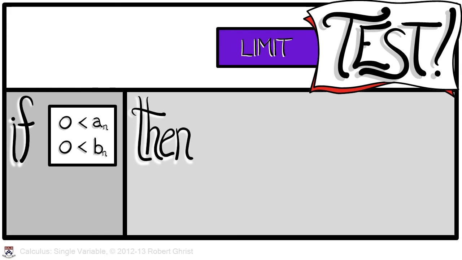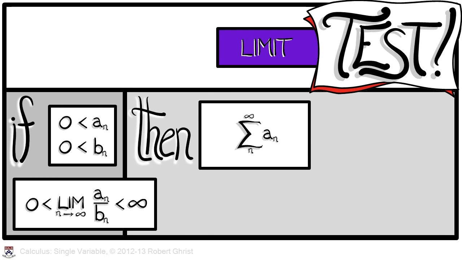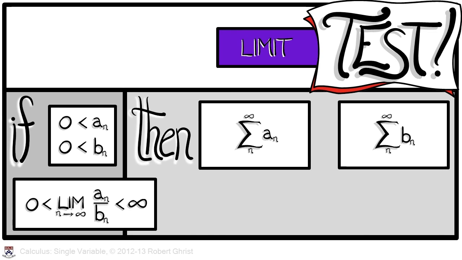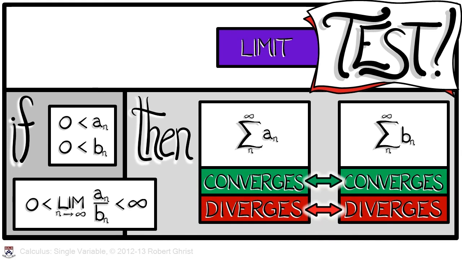The limit test says if you have two positive sequences that have the same asymptotics, the same leading order term, specifically if the limit of the quotient as n goes to infinity is some number that is strictly between 0 and infinity, then these two series have the same convergence or divergence behavior.